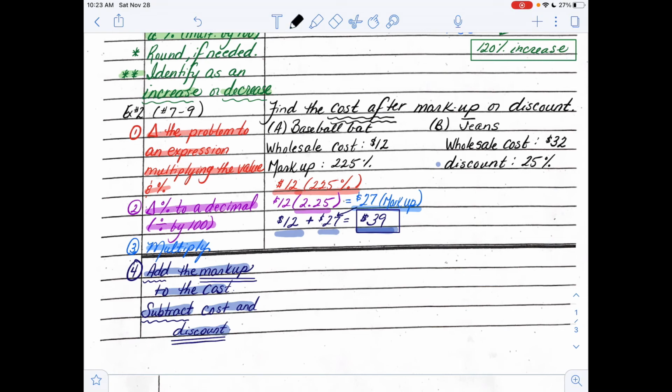It's just that last step that's different. So let's change this problem to an expression, and we're going to multiply the value. So those jeans usually cost $32. And we're going to multiply it by the percent that I get to save this time, that 25%.